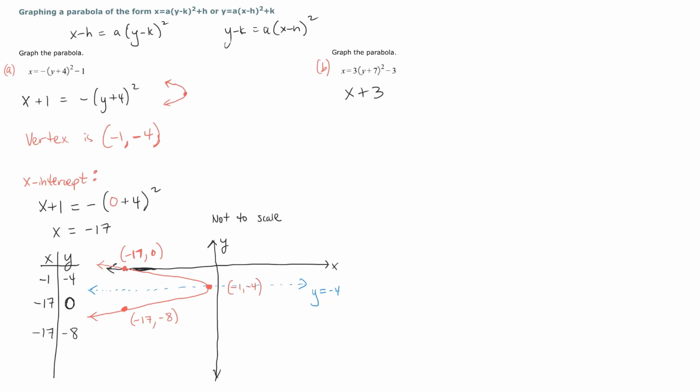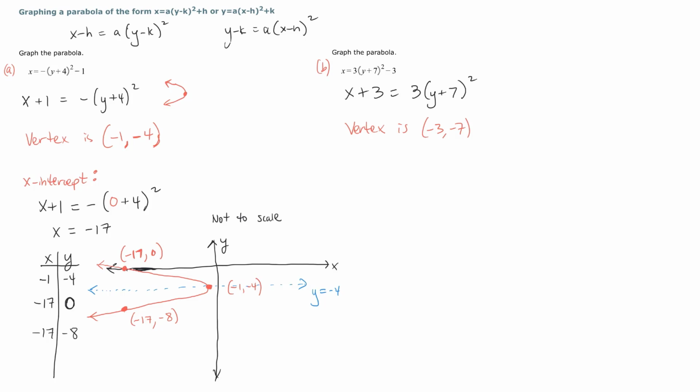First of all, I'm going to write this in one of the definitions, so that we could identify the vertex. So what is the vertex here? The vertex here is -3, -7.